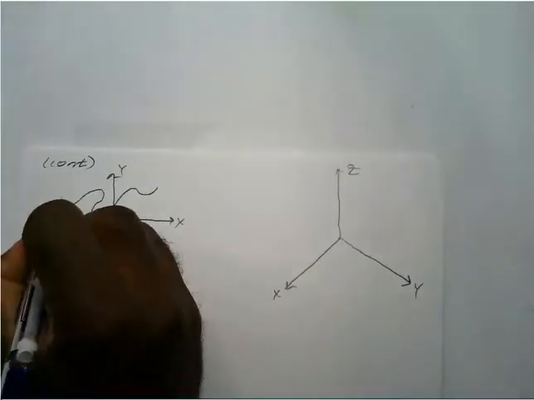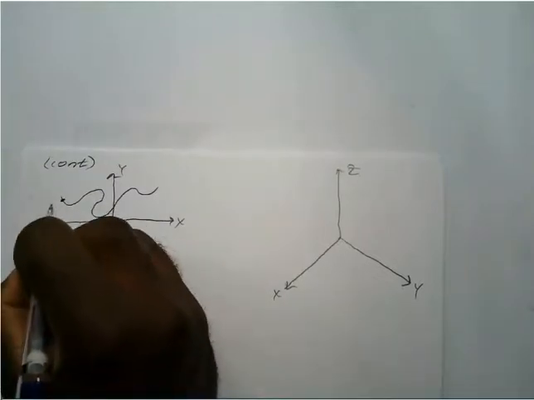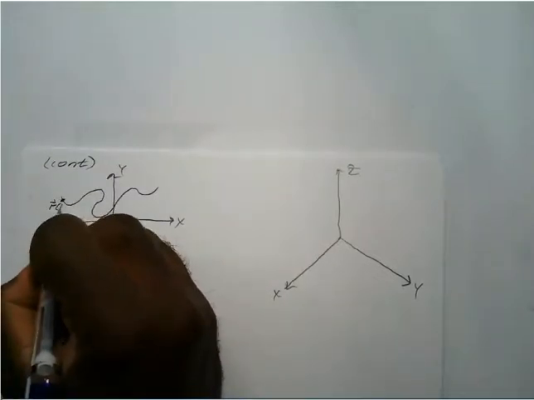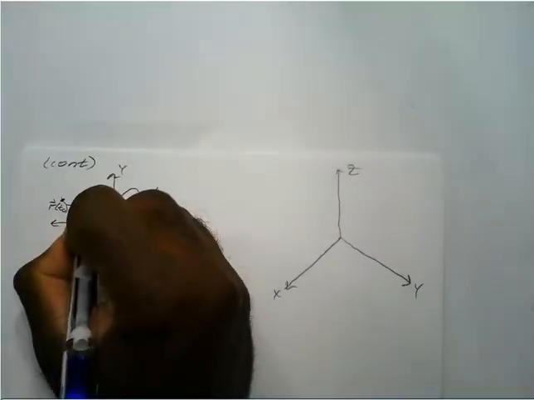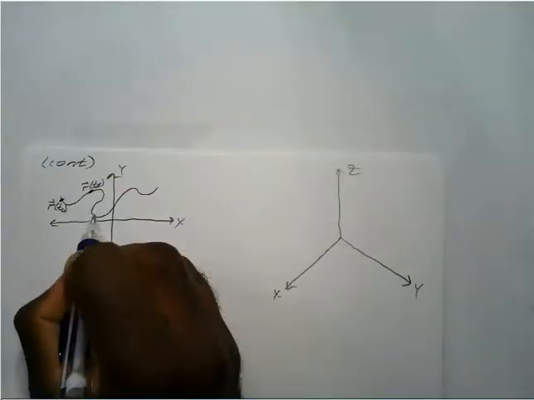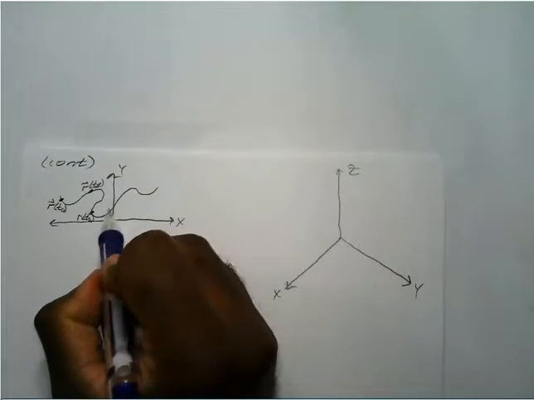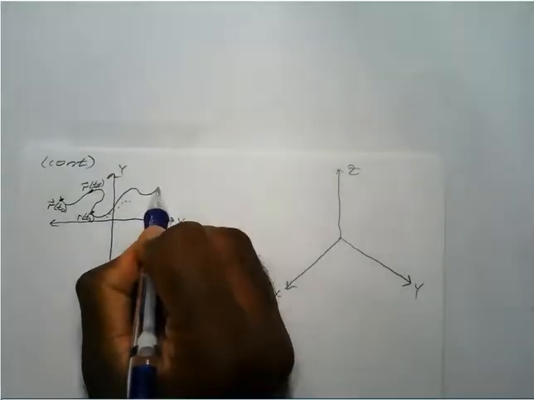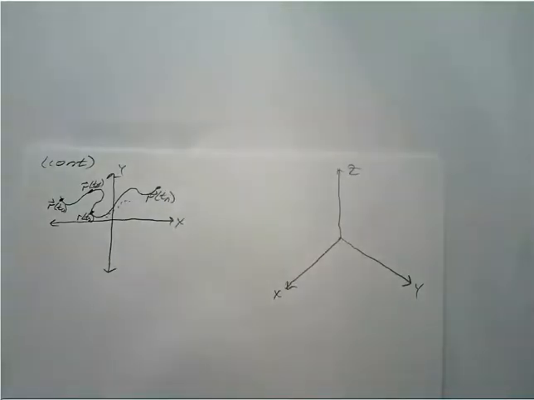If we look at our value here, that's our vector t sub 0, our initial point. Our vector t sub 1, our t sub 2, and it keeps on going till we get to the end, our vector t sub n.